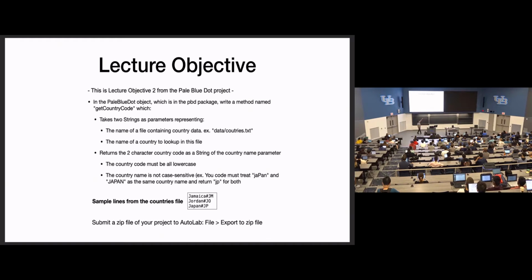So for example, if the input is Japan with a capital J, or Japan in all caps, or Japan in all lowercase, no matter what the mix of case for the input is, those should all be treated as the same country. And the output country code must be 2 lowercase letters. In the file, they're all going to be uppercase country codes, so you have to convert those to lowercase country codes to return them. So a little bit of string manipulation, a little bit of string parsing, some file reading, some good stuff. So let's get you to the point where you can complete this lecture task.